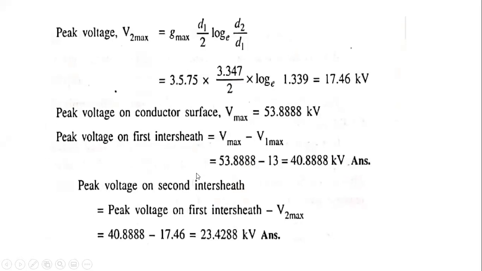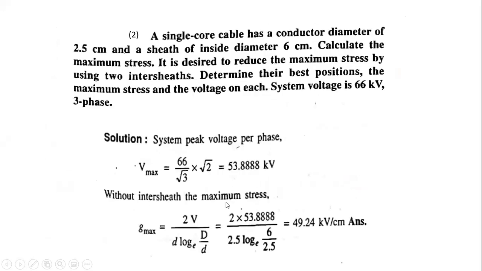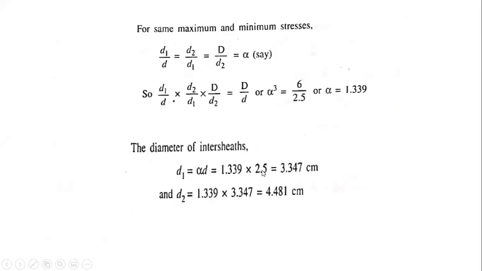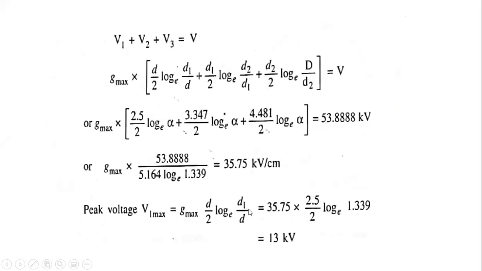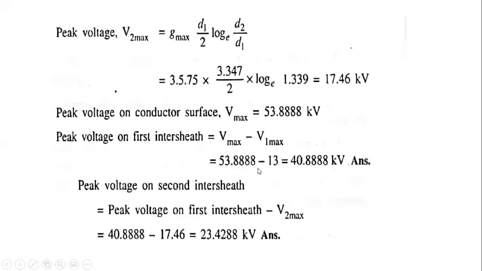These are the best locations of the first intersheath and the second intersheath, and the G max is calculated using the given data. That is the maximum stress, and these are the best locations of intersheath 1 and intersheath 2.